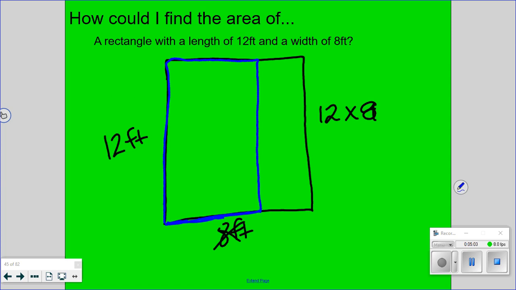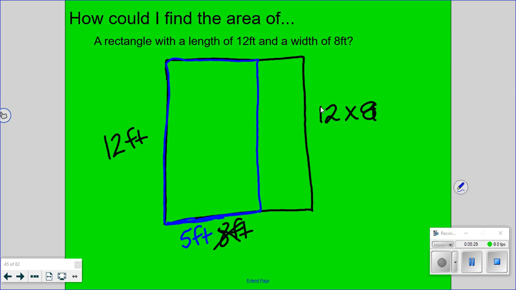Then I'm going to relabel my dimensions. Now I've got 12 feet by 5 feet. 12 by 5. I'm making a new big rectangle. It's a part of the rectangle we already did.